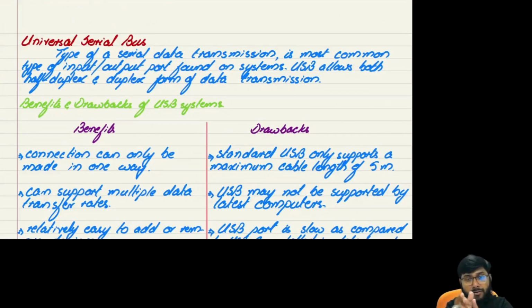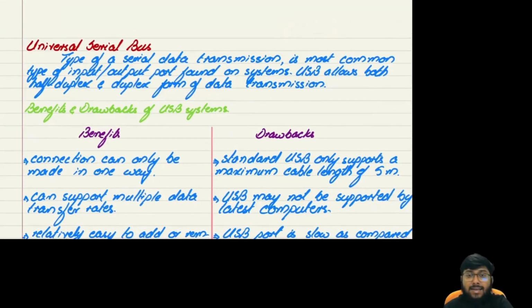Multiple transfer rates means you might have seen it written on a USB as 2.0, 3.0. What that 2.0, 3.0 actually tells you is how many megabits will be transferred in a particular second. So 3000 or something like that, it's megabits.